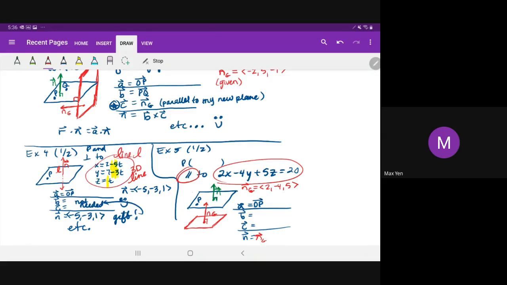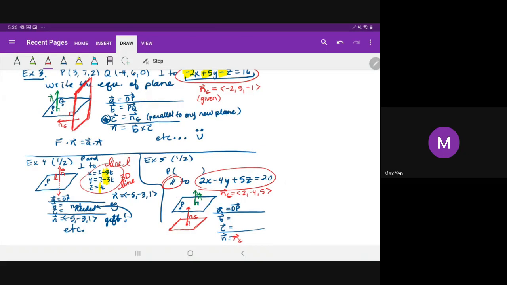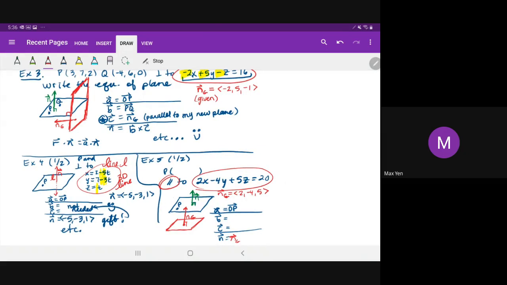But really, the N in example 3, so let me zoom out, the N of the given plane is actually not perpendicular to my plane. It turns out to be parallel to my plane. Perpendicular to perpendicular is parallel. And then example 5, I'm saying parallel, but the yellow coefficient vector, the coefficient is the normal, but the normal of that one is also the green normal.